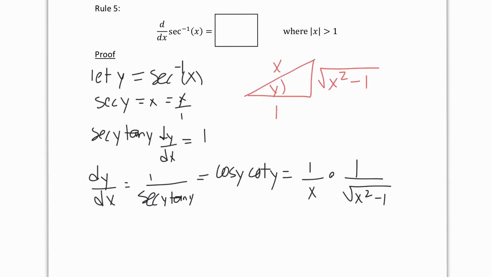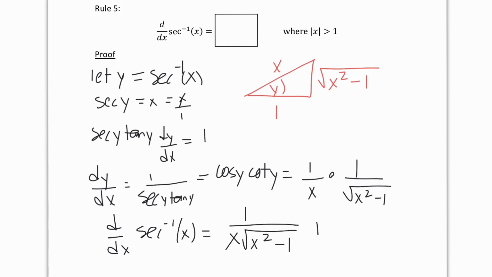And so simplifying that, we have the following. The derivative of secant inverse of x is equal to 1 over x square root x squared minus 1. So we can put that up in our rule. 1 over x square root x squared minus 1.